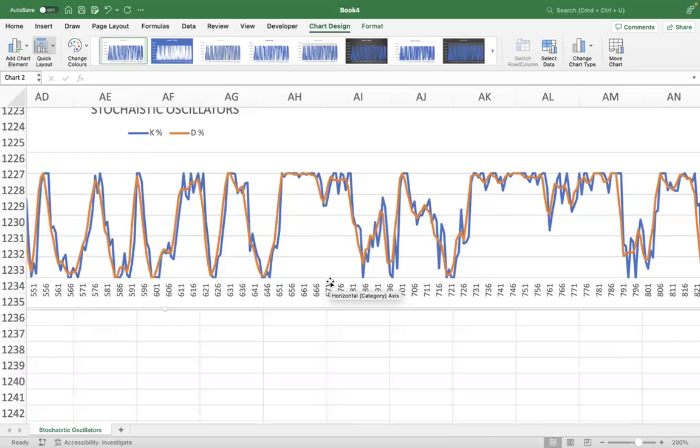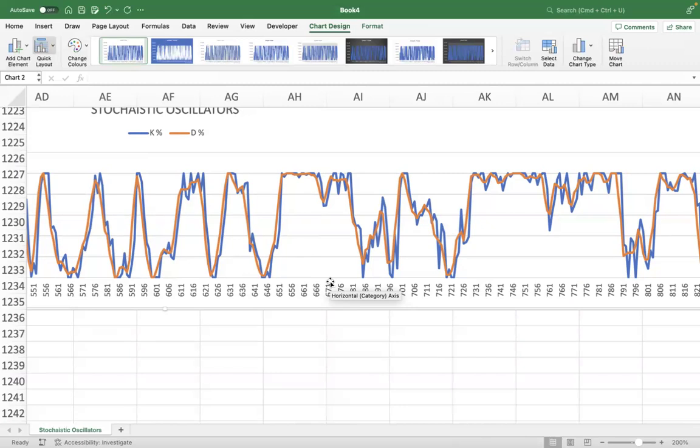Or the other way around, it can also exhibit bearish divergence patterns. And if you have the stochastic oscillator at 80 and above, this is clearly an overbought position and a right time to exit. 20 and below is oversold and the right time to buy.